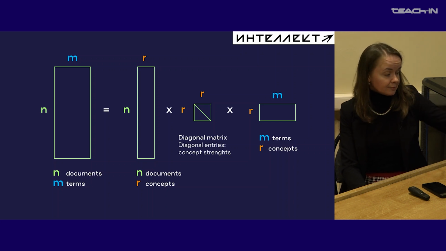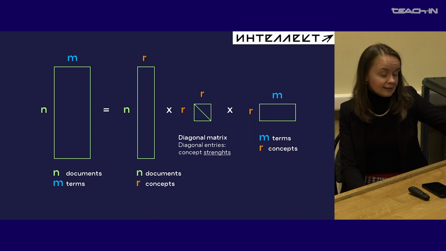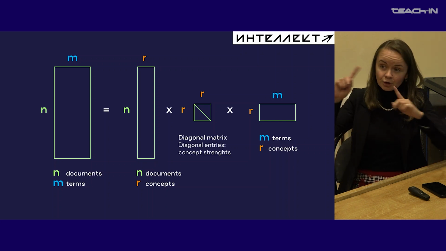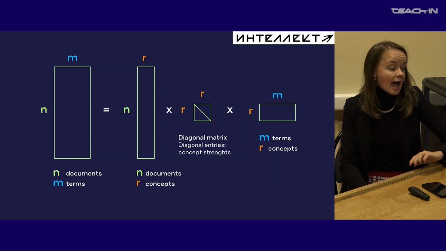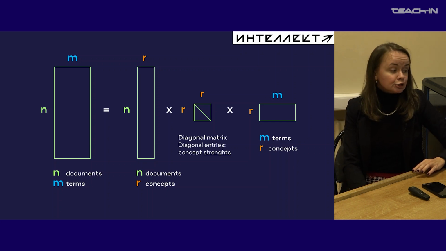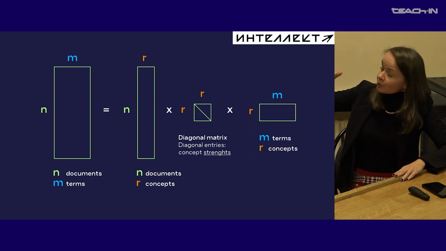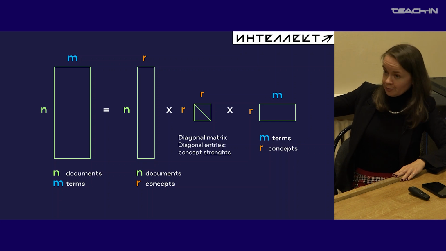So the first matrix here is about documents and concepts. The last one is about terms and concepts, how they correlate. And in the middle, we have the diagonal matrix, which shows us which concept is more important for which document.